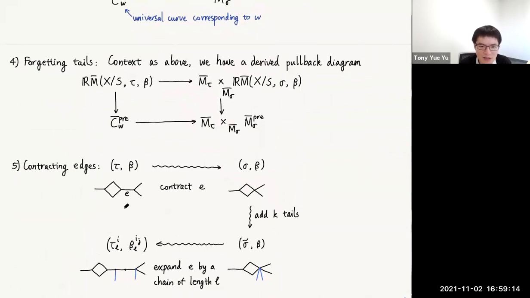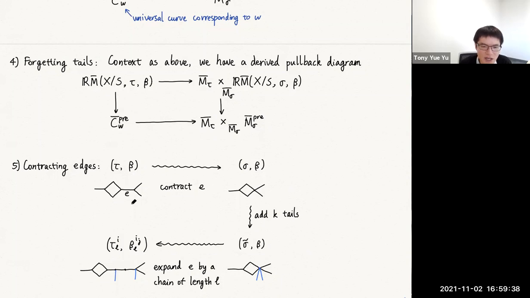When we have some graph, we can contract an edge. Furthermore, we can add some tails to this contracted edge. And given any positive integer L, we can go back and expand.